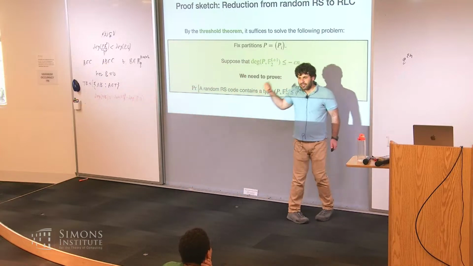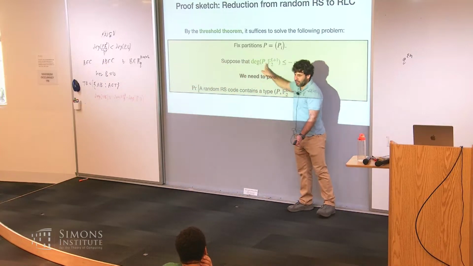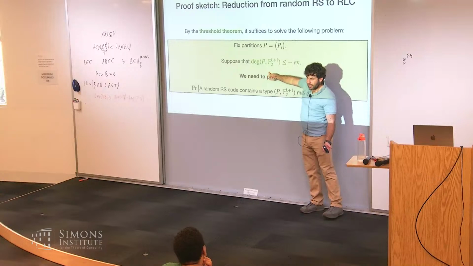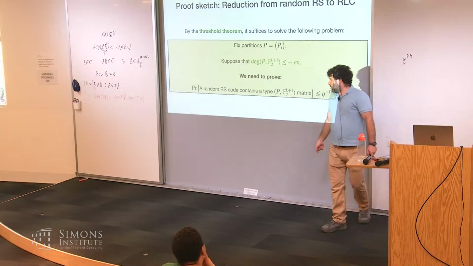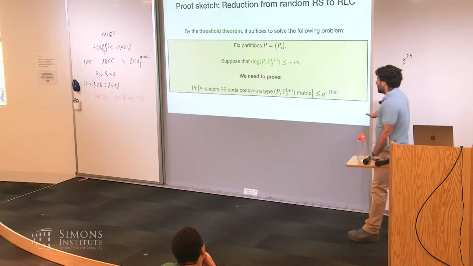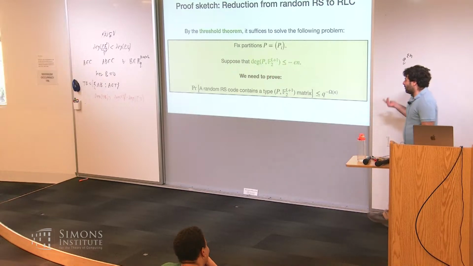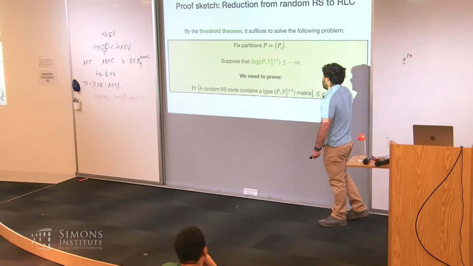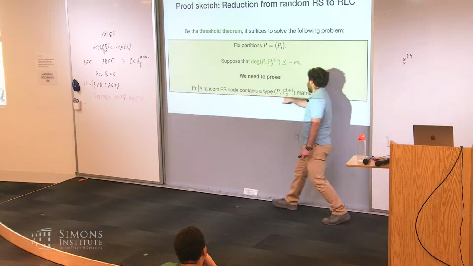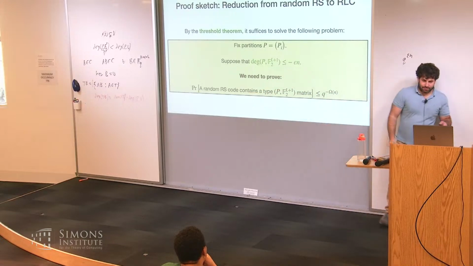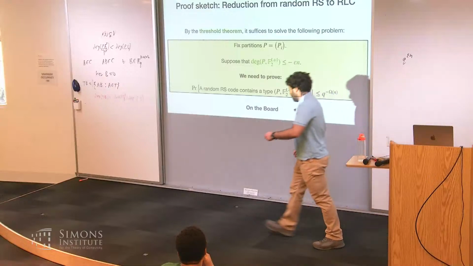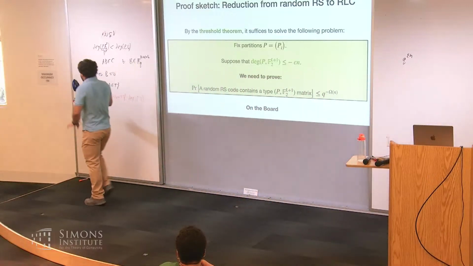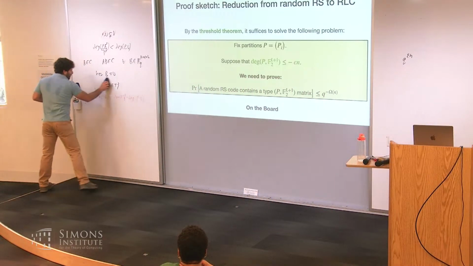Here I'm assuming that I already modded out, and I have a type with low degree, and I want to show that a random Reed-Solomon code is unlikely to contain a matrix of this type. I want to play with this on the board for a few minutes, to give an intuition for how you prove something like that.